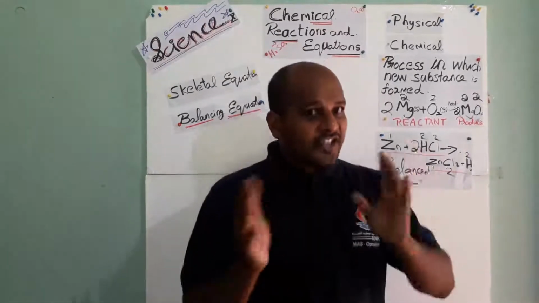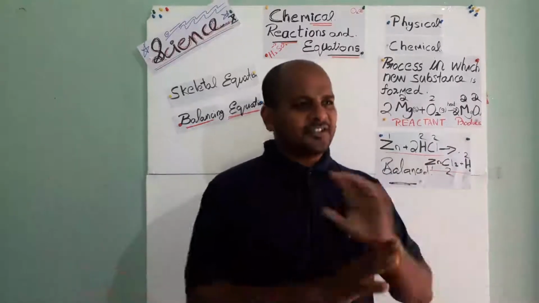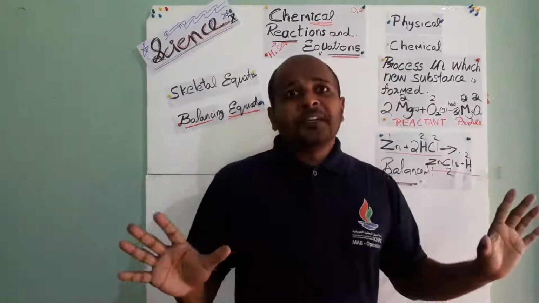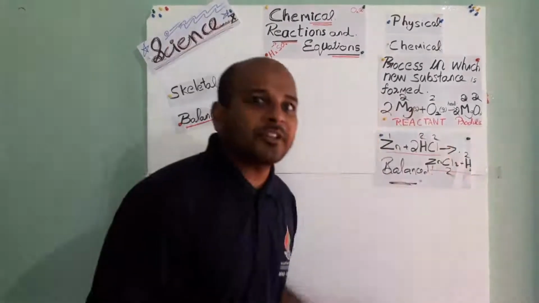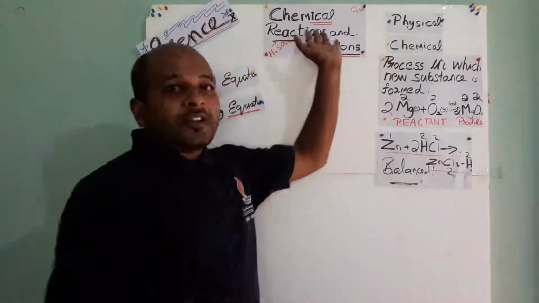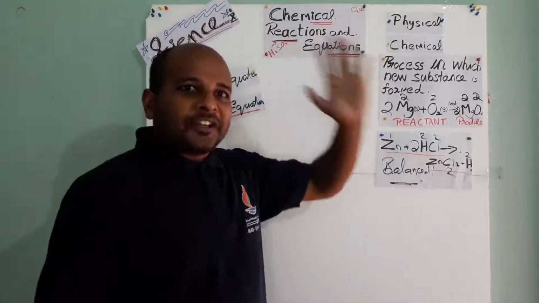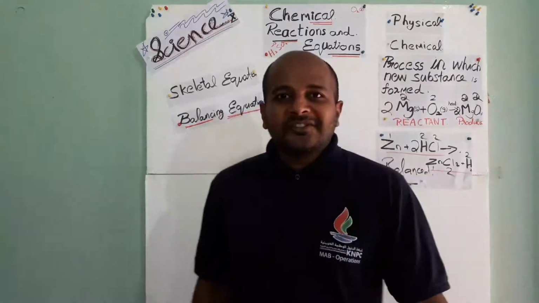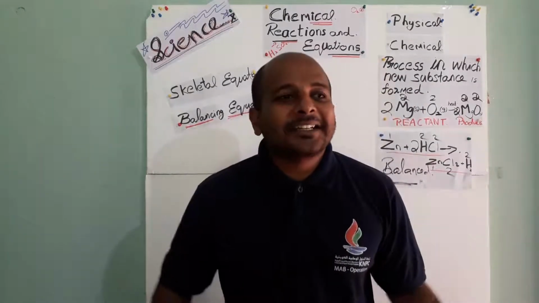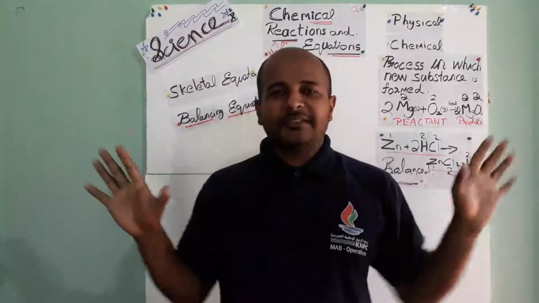Only the physical state is changed. But in this chapter we don't deal with physical change, because the name of the chapter is what? Chemical reactions. Understand? The entire physical change, let's leave it.